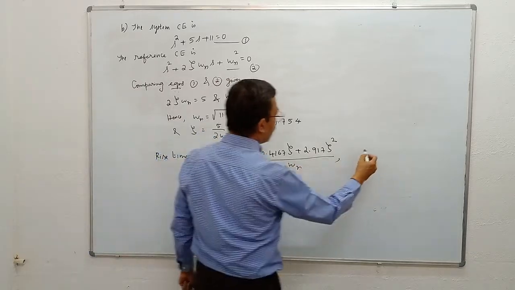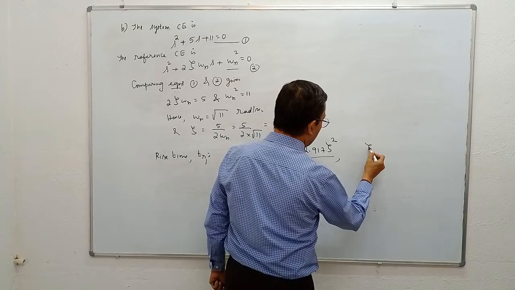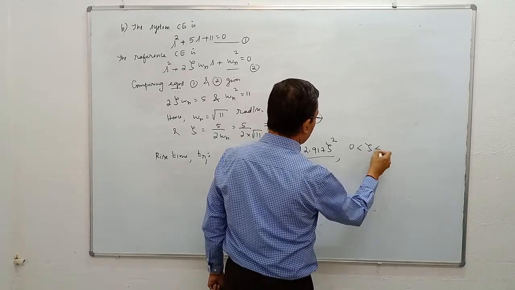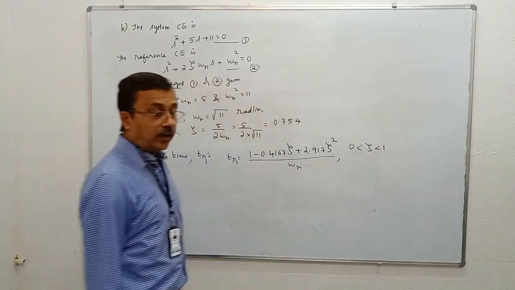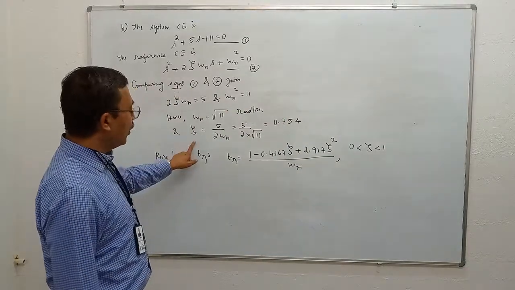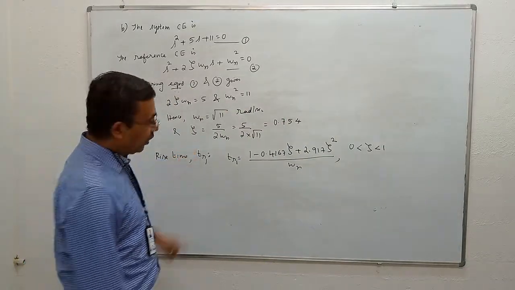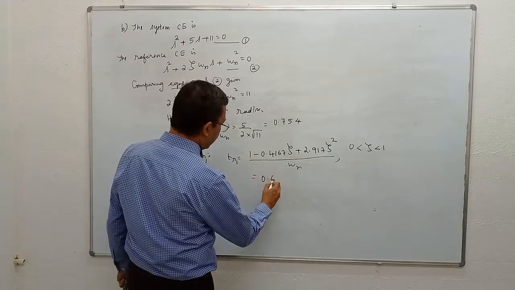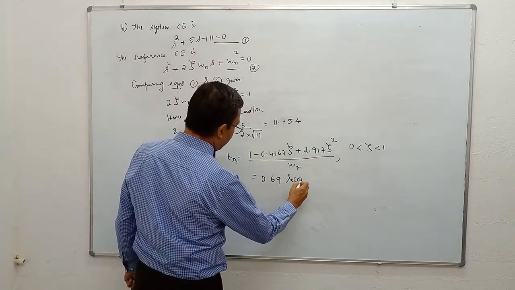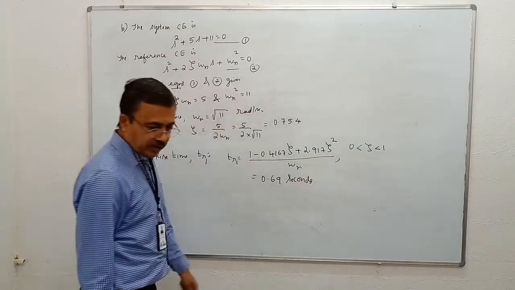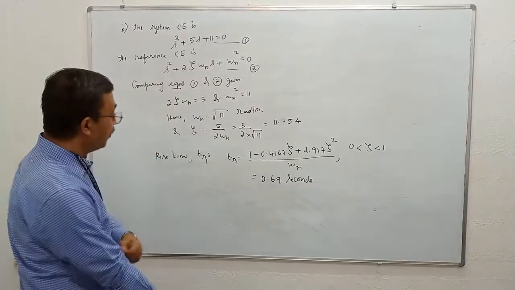This has to be used only when zeta lies between 0 and 1, that means only for an underdamped system. You know the value of zeta. Substitute, you will get the answer 0.69 seconds. Please check the correctness of these answers. Tr1 is equal to 0.69 seconds.